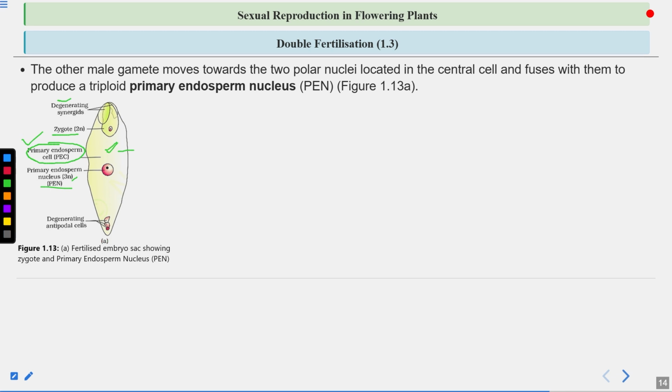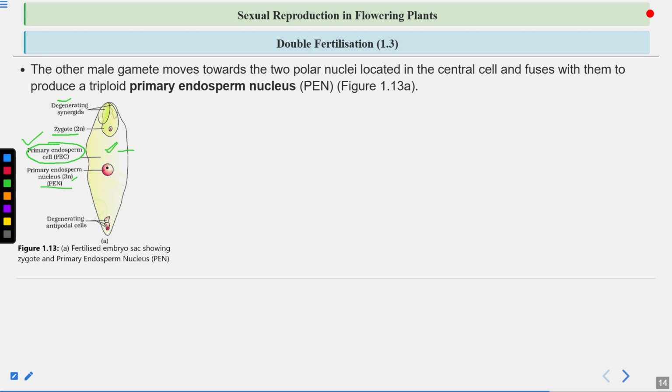What is the function of the central cell? What is written here? You will answer yourself. Primary endosperm cell. This primary endosperm cell was earlier the central cell, and this will later on form the endosperm.